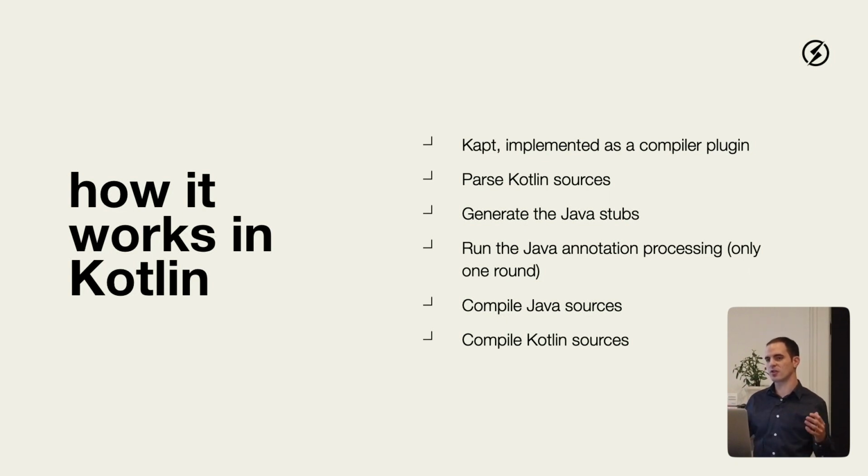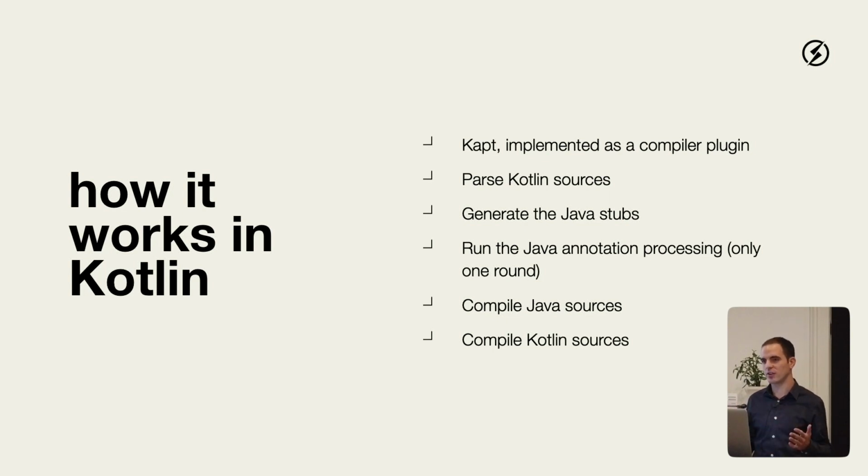Then it will invoke the Java processing tool. The Java compiler itself passes the generated stubs, the Java stubs. That will run the whole annotation processing I talked about in the previous slides, and then the processor source could generate code, even Java code or Kotlin code.